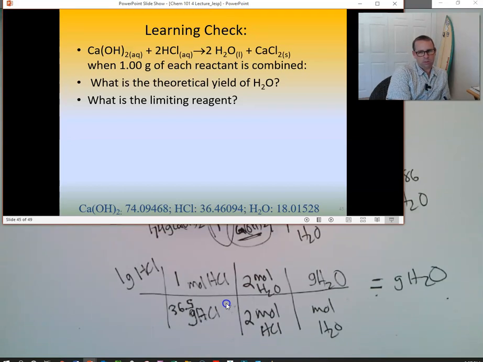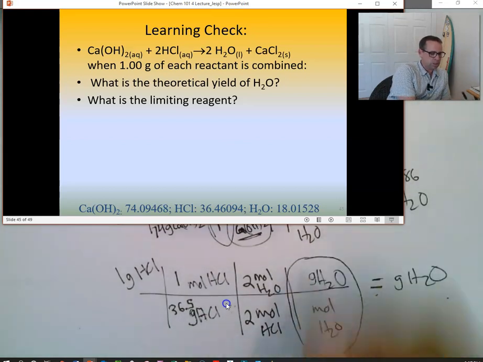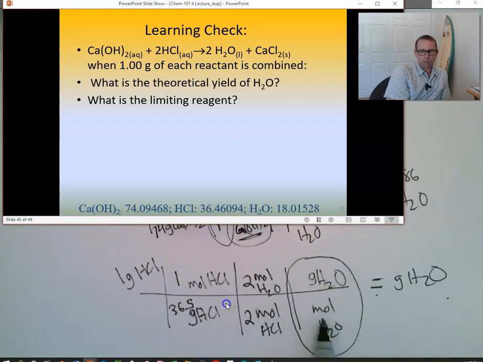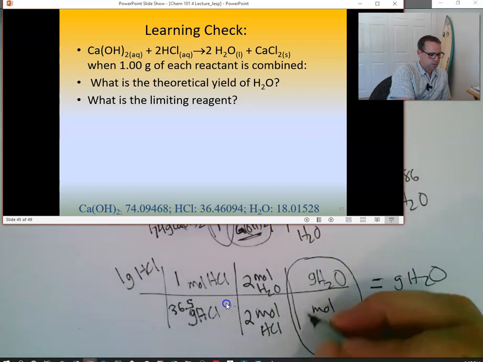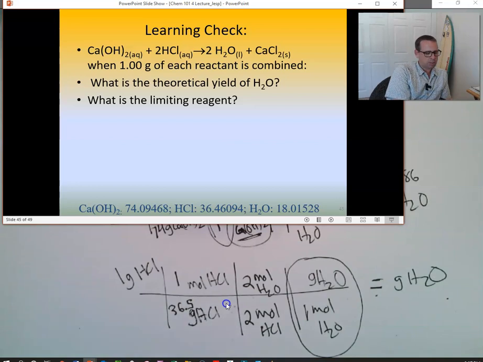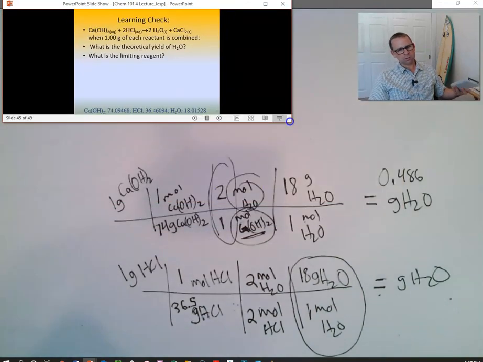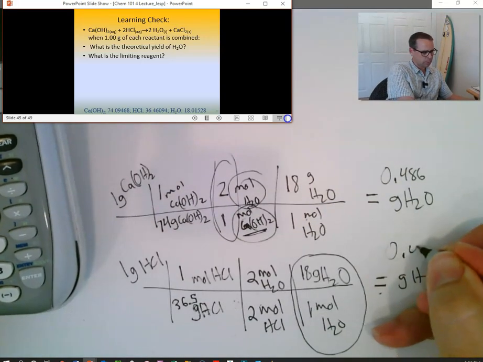Down below isn't the equation. This is just how many grams per mole, right? So 1 mole of H2O, and how many grams are there in 1 mole? 18. All right, I'm going to do the calculations here: 1 divided by 36.5 times 2 divided by the 2, and then times the 18. Okay, 0.493.